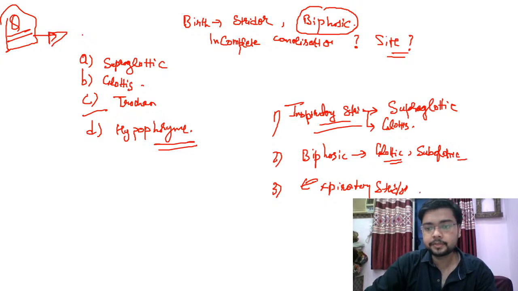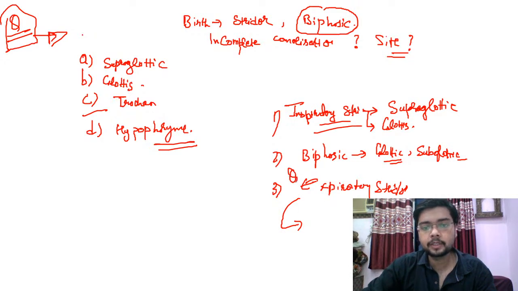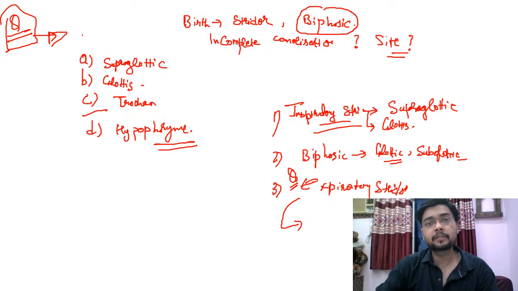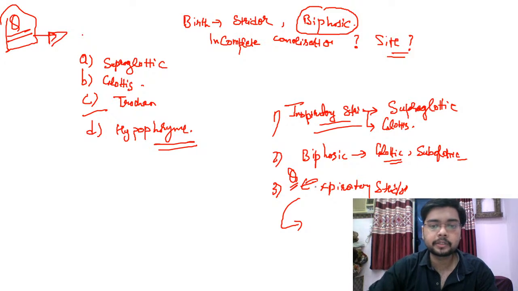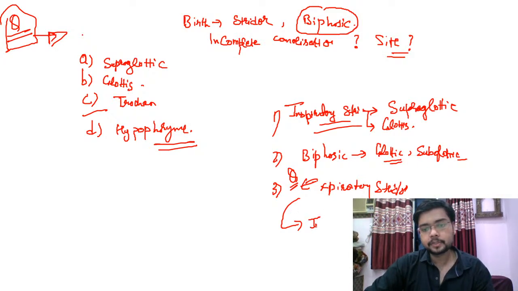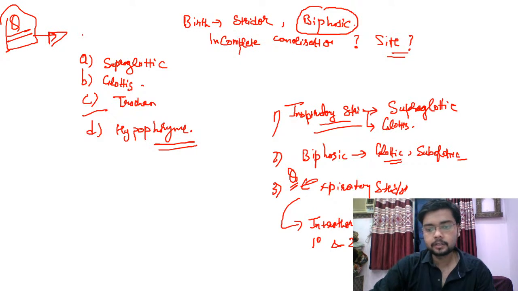Now when will you get expiratory stridor? This is something that will help you to solve some more questions related to it. Expiratory stridor you will get when there is obstruction in the intrathoracic trachea, or in the primary and secondary bronchi.